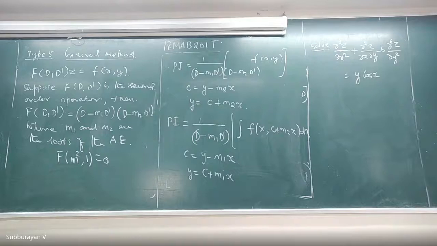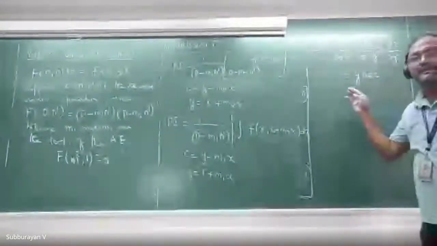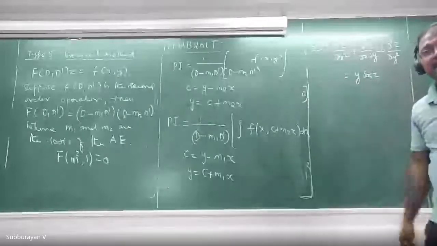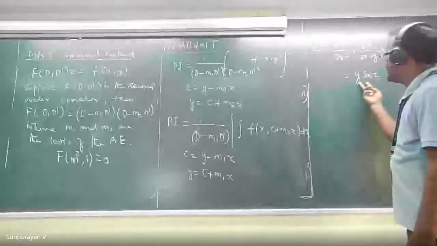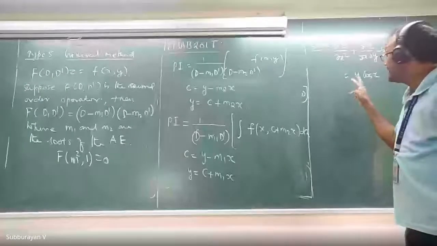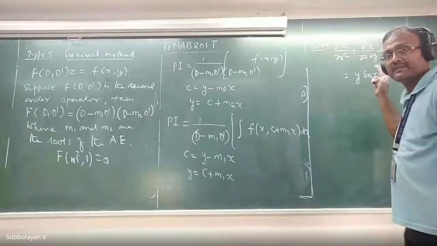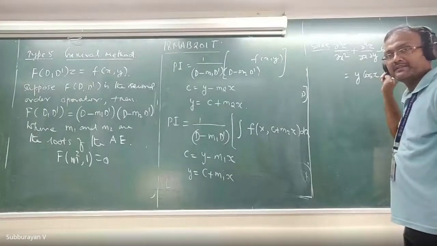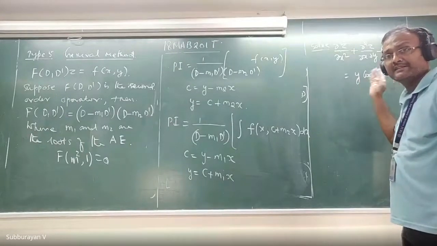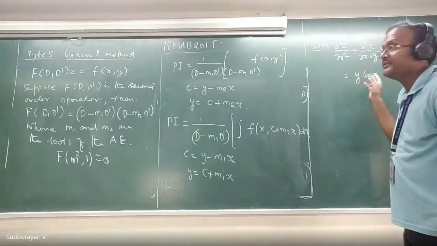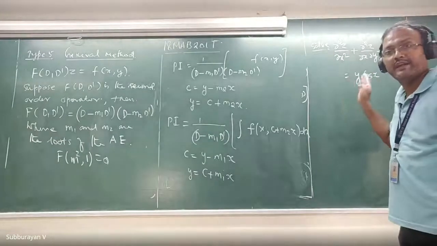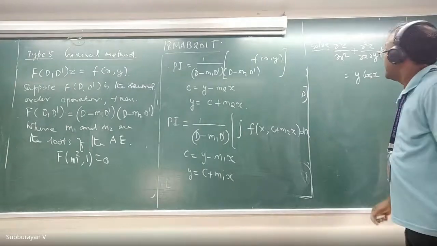Suppose if you had only y plus cos x, we could apply method 2 and method 3. But we have a product of these functions. This does not come under the first type, the second type, the third type, or the fourth type. Therefore, we should apply the general method to find the solution of this problem.